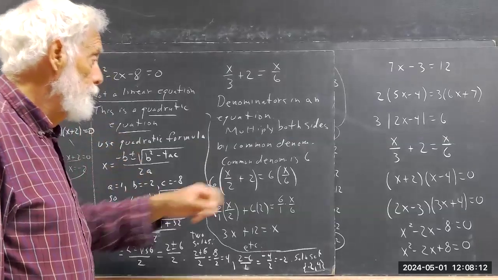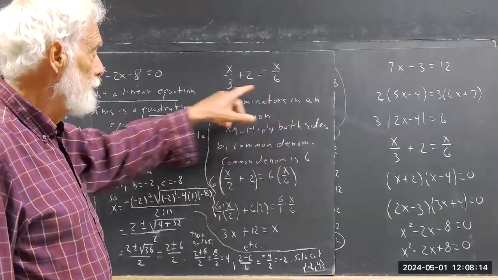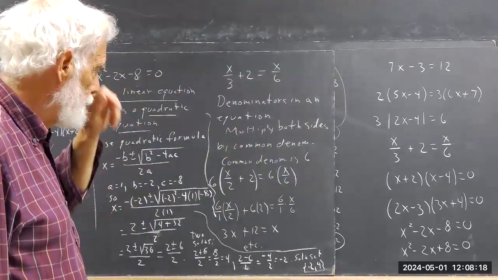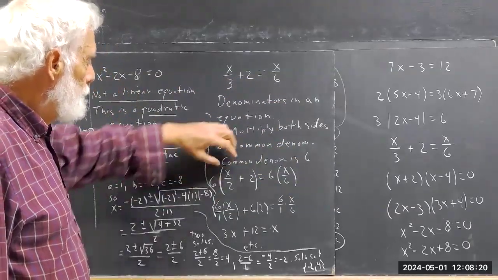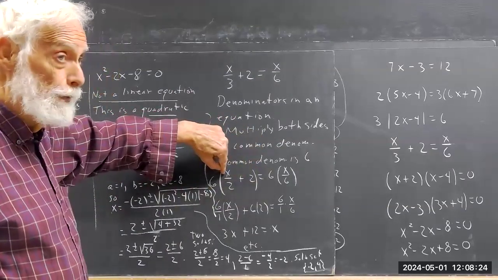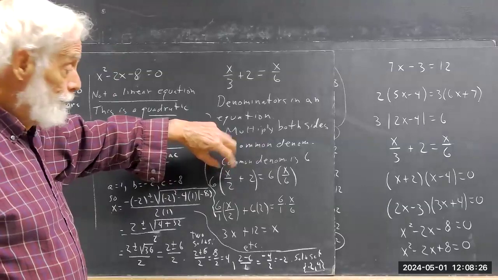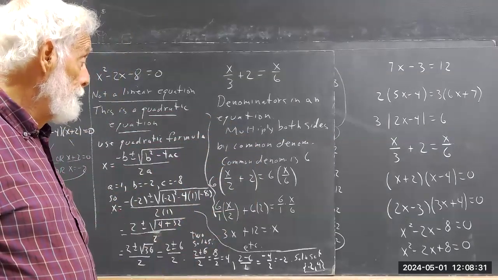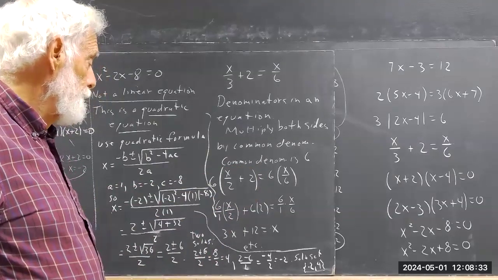Okay, so we multiply through by 6, because 6 is a common denominator. 3 divides 6, and 6, of course, divides 6. We do 6, being careful to multiply 6 by the entire side, not just by the first thing we see. We multiply the whole side by 6 to keep the equation in balance, and then we multiply this side by 6.